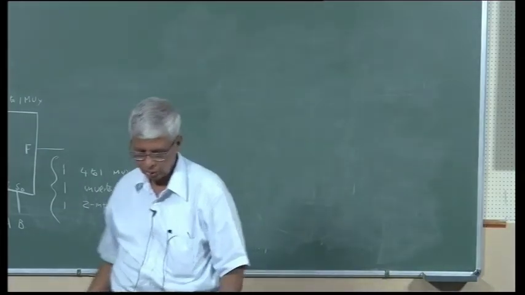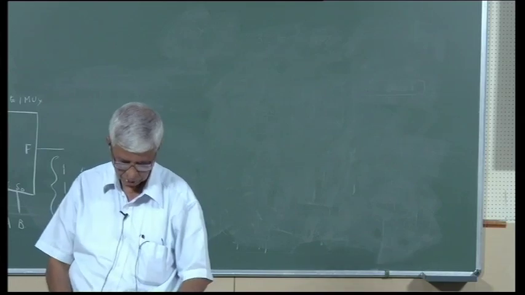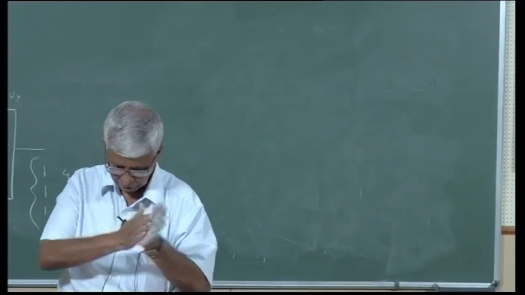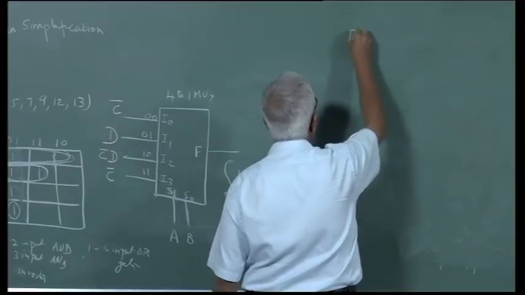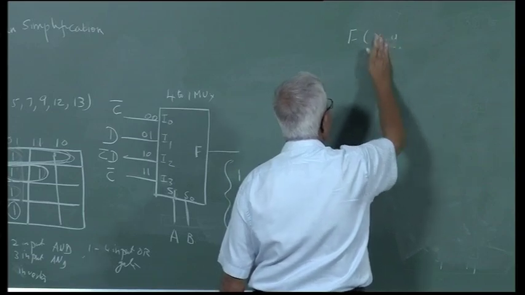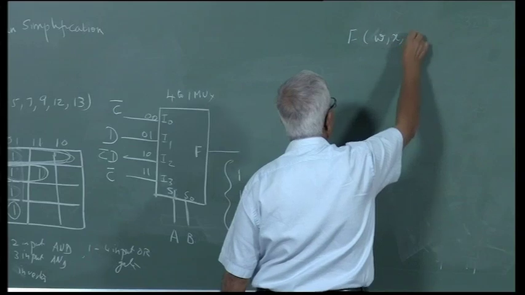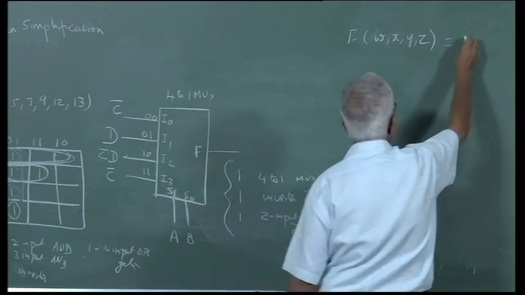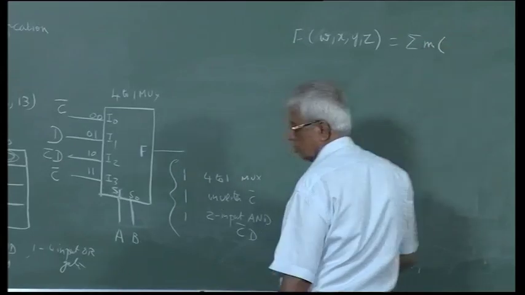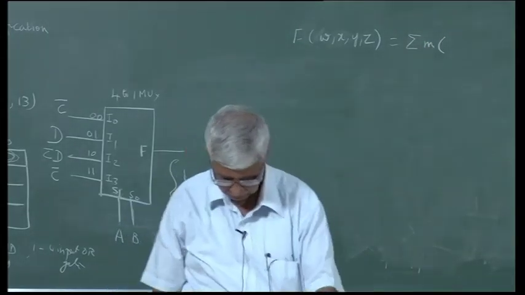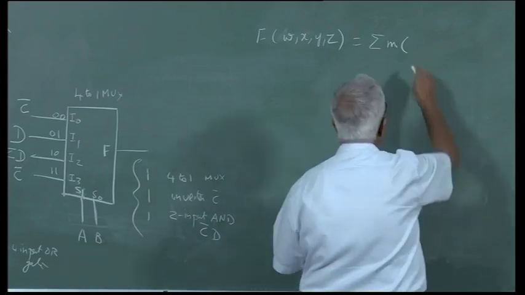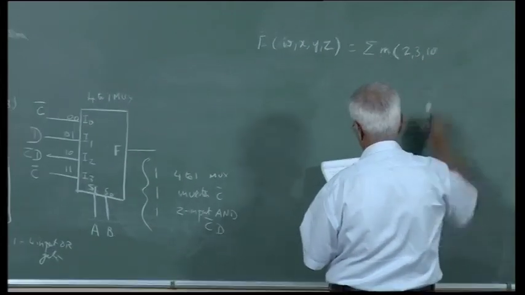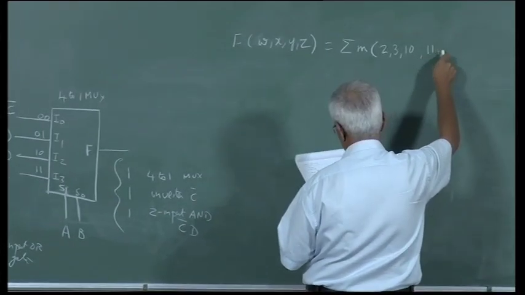Why don't we do this? F is a function of w, x, y, z, sigma m of 2, 3, 10, 11, 12, 13, 14, 15.